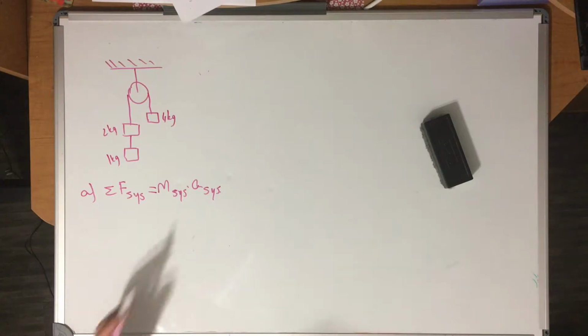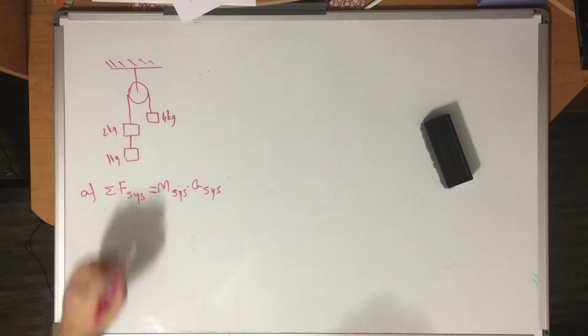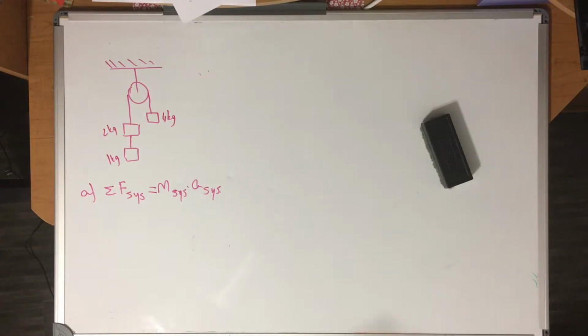So then once we find acceleration for the system, then it's going to be the acceleration for all of the objects. So now, what we consider for system force is basically what makes all of those guys move, or what forces are actually affecting that.